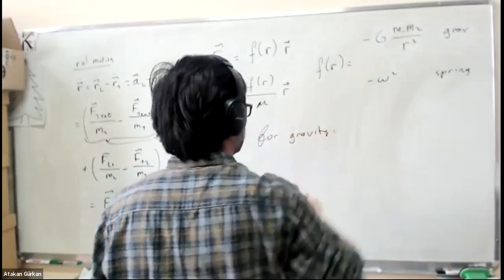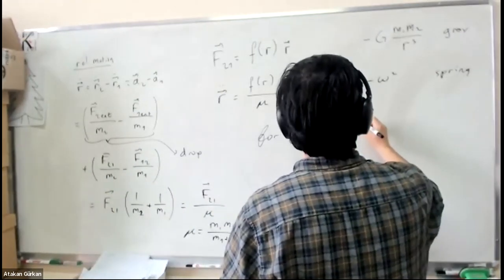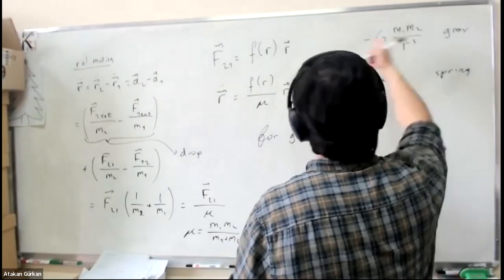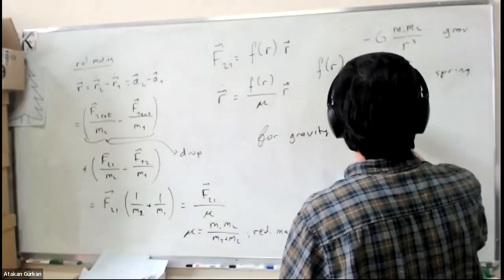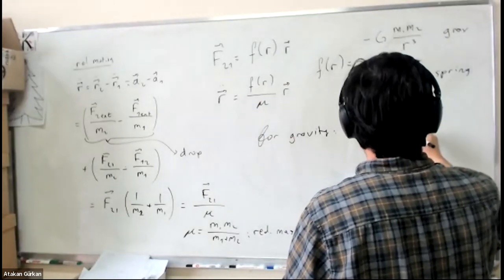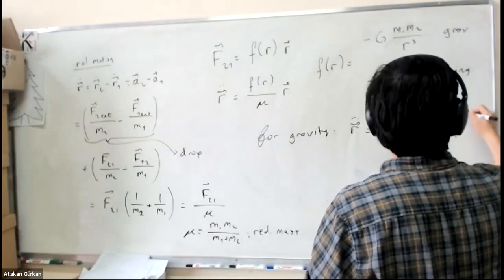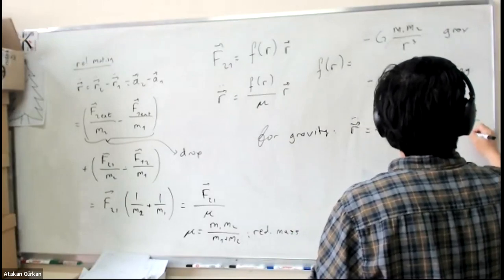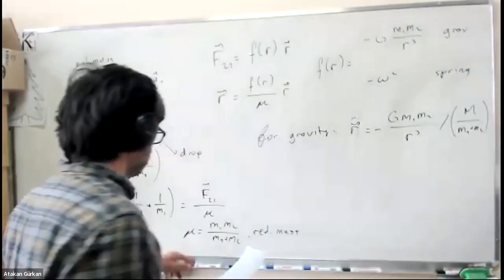So for this case, something more interesting comes out, and this is r double dot. When I substitute this in over here, we get minus G m1 m2 by r cubed divided by the definition of reduced mass.